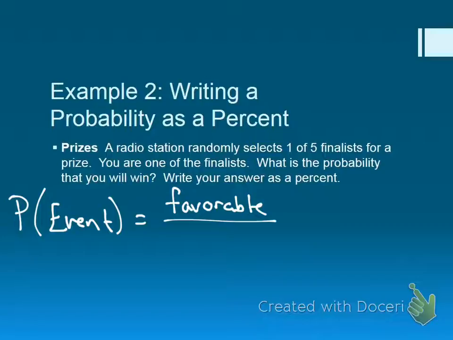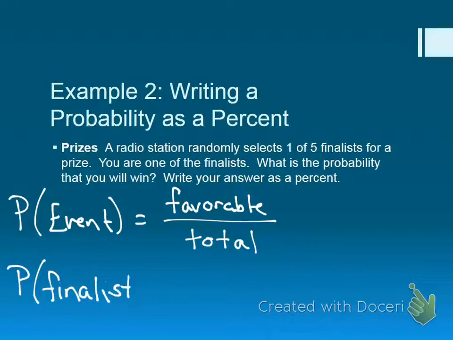Not unfavorable, total. Total possible outcomes, favorable over total. So in this case, probability that you are a finalist. How many people are finalists? 1. 1 out of 5.